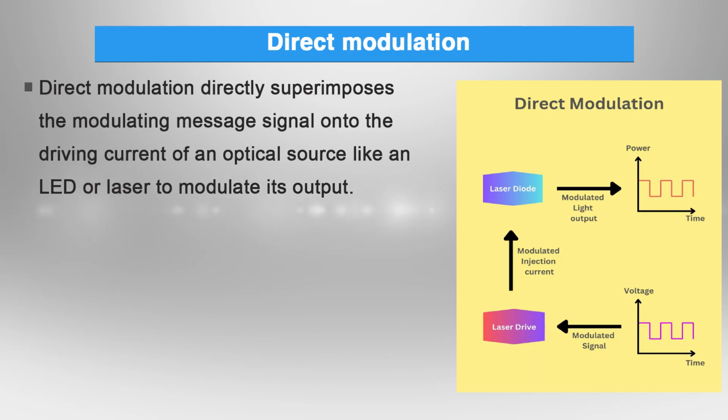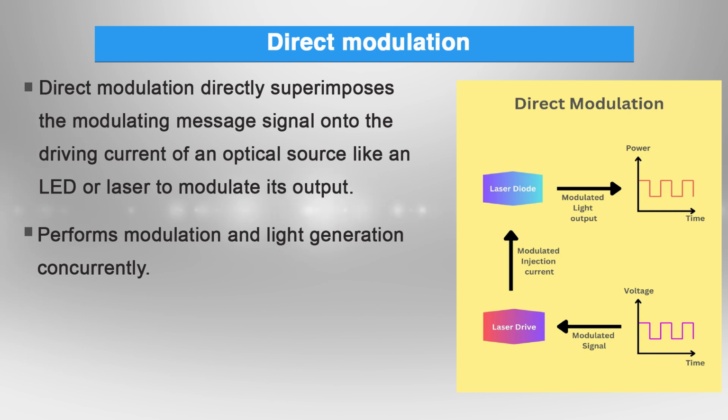Direct modulation directly superimposes the modulating message signal onto the driving current of an optical source like an LED or laser to modulate its output. It performs modulation and light generation concurrently.